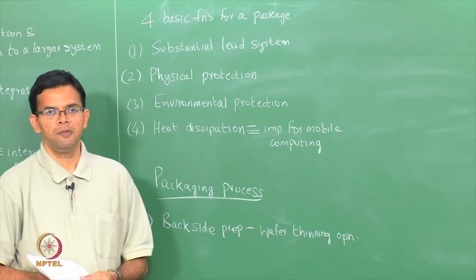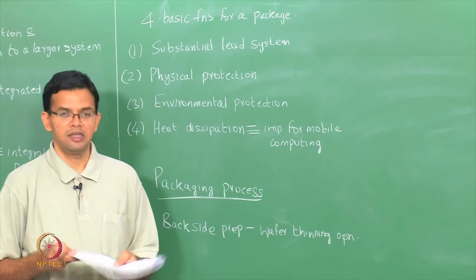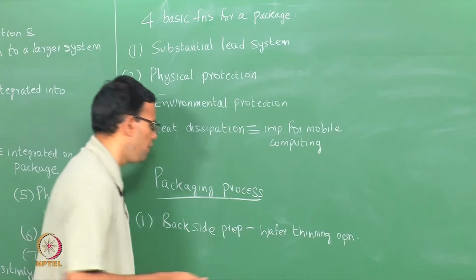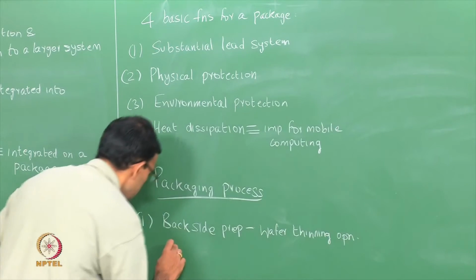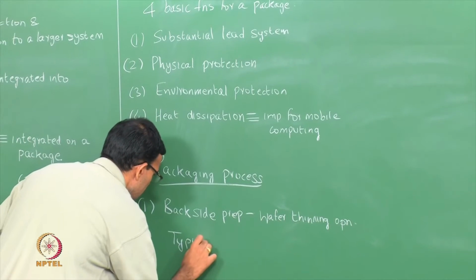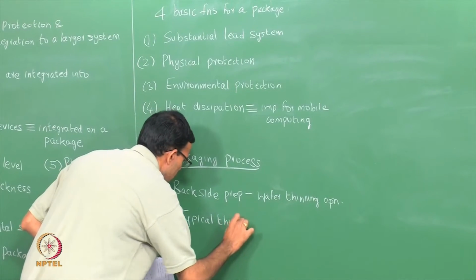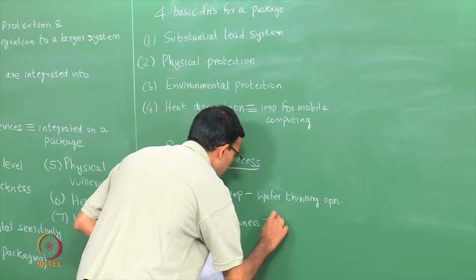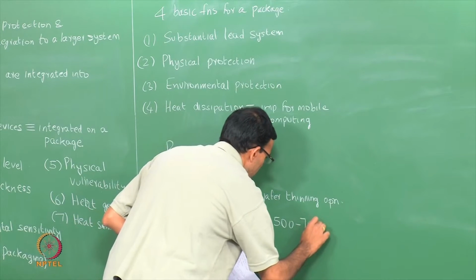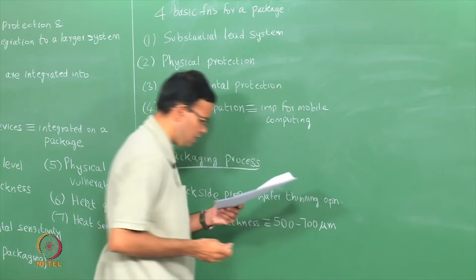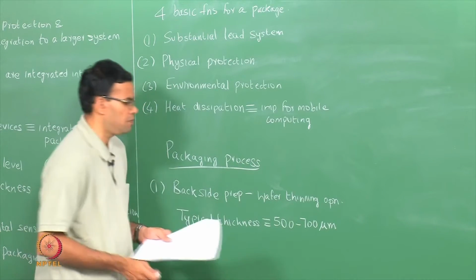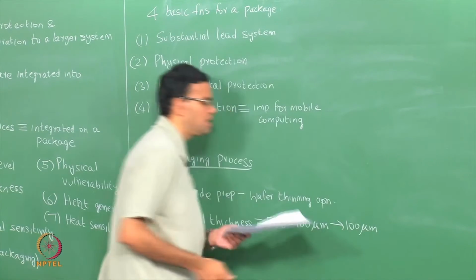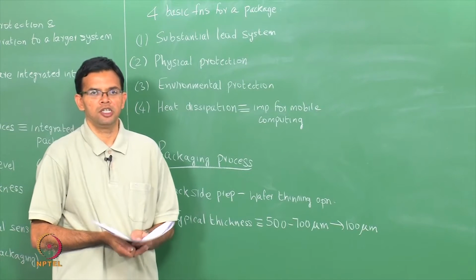If you look at it, a typical wafer has a thickness somewhere around 500 to 700 micrometers, depending on the wafer diameter. This is thinned to approximately 100 micrometers by some sort of chemical mechanical polishing of the backside.